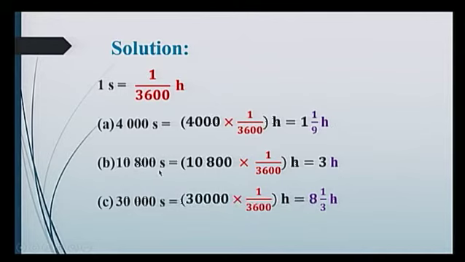For part B, 10,800 seconds will be 10,800 times 1 over 3,600 hours, and this is equal to 3 hours. For the last one, 30,000 seconds will be 30,000 times 1 over 3,600 hours, which is equal to 8 1/3 hours.